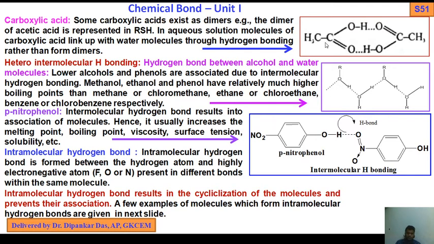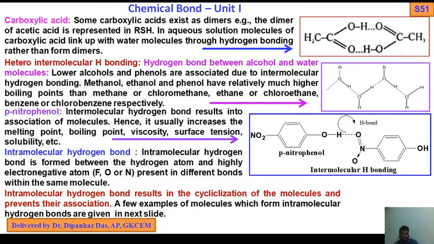Intramolecular hydrogen bonding is formed between a hydrogen atom and a highly electronegative atom such as chlorine, oxygen or nitrogen, present in different bonds within the same molecule. Later, in the next slide, we will show how intramolecular hydrogen bonding is formed.